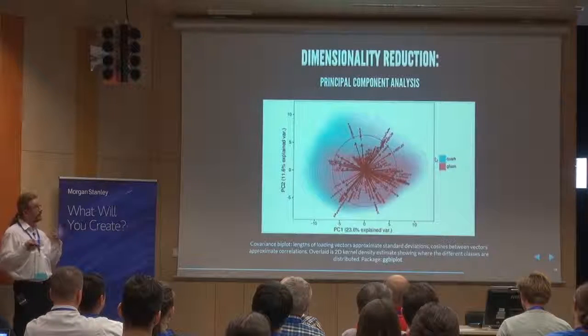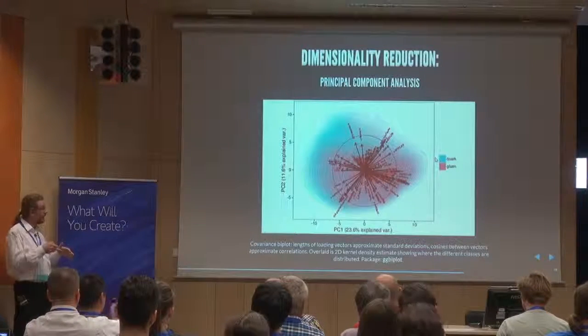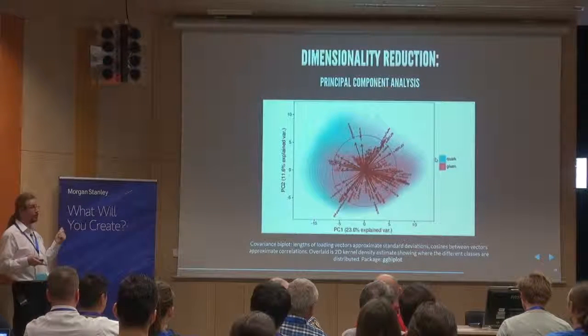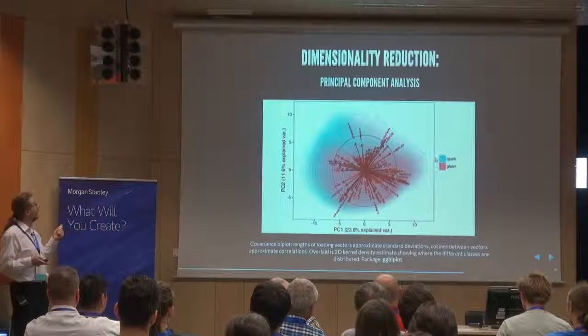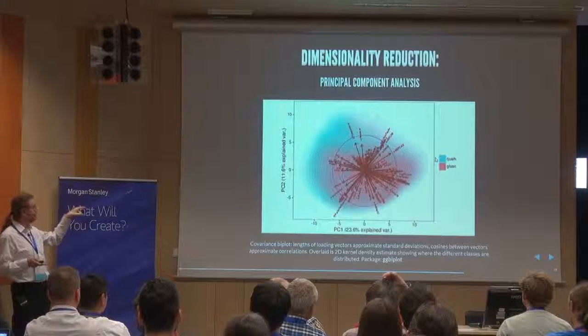So to try and explore the data, I reduced the feature space to a lower dimension. Here I'm using PCA and I'm plotting the first two principal components. And this is a covariance biplot, so the idea is these are the loading vectors.